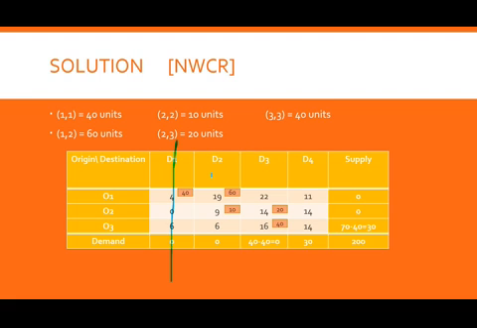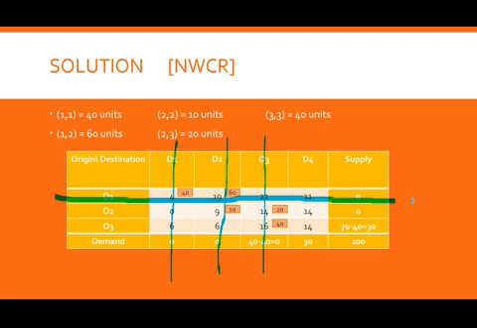So this column is gone. Oh, sorry, I haven't made it 0. So this column is also gone. This row is gone. This row is also gone. Now only left out is 1, 4. Only left out is this node.